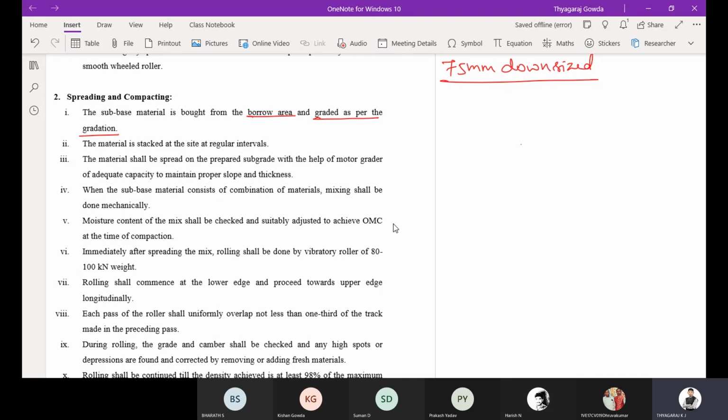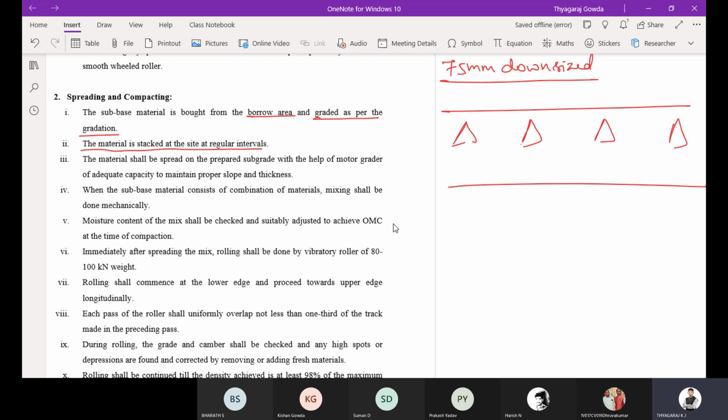The material is stacked at the site at regular intervals. For example, consider this as the road where we are laying. You are going to stack the aggregates at regular intervals.